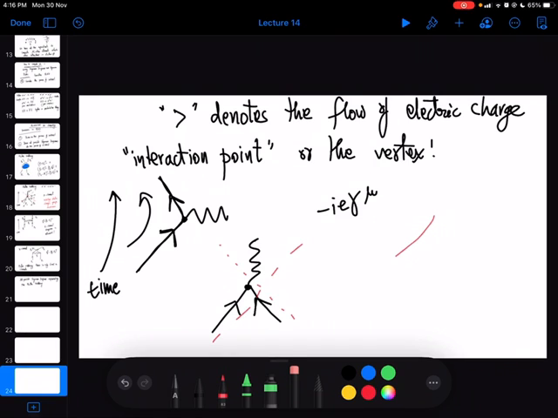So what happens in the antiparticle case? Also, it will be very similar. Actually, the vertex will be just like this.